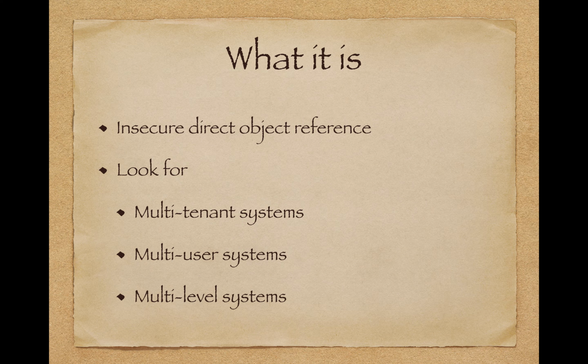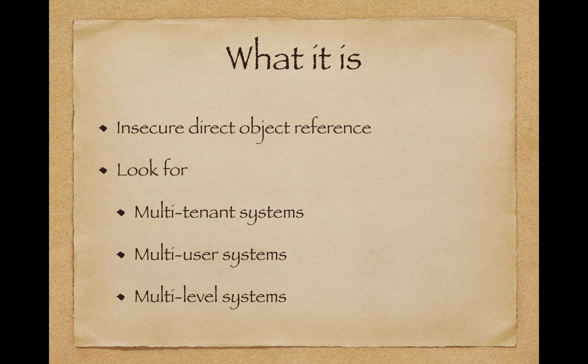There are many advantages and disadvantages to using sequential identifiers versus using random long strings. Random long strings add complexity to your system, while using sequential IDs is pretty insecure. You'll see why later on in this video.